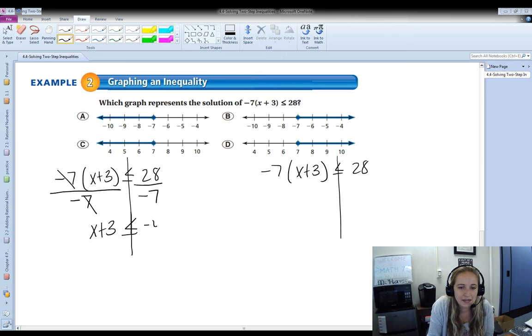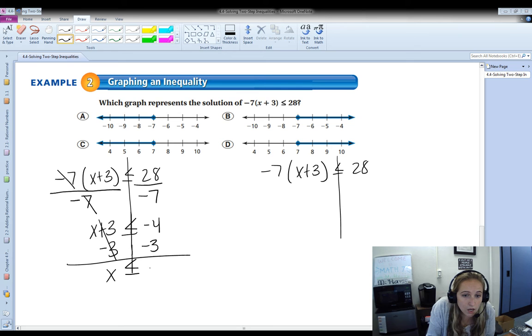This would equal -4. And then it makes it super simple because all you have to do is subtract 3 from both sides, and then you have your answer. X is less than or equal to -7. But wait, I made a mistake. Did anybody catch my mistake? I forgot to flip my inequality symbol when I divided by a negative.